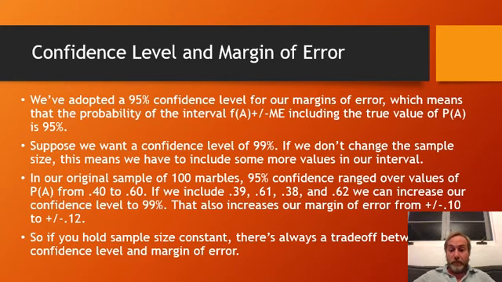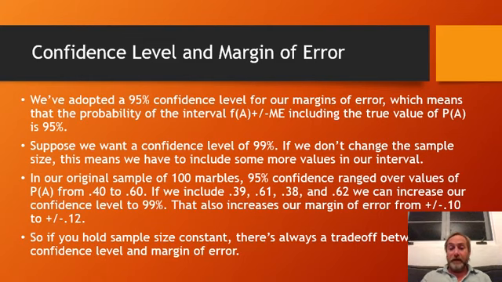Now you could decide on a different standard. Maybe you want a confidence level of 99%. And if you don't change your sample size, that just means that your margin of error is going to get bigger. So in our original sample of 100 marbles, 95% confidence gave us a range of values from 0.4 to 0.6, if our relative frequency found in our sample was 0.5.